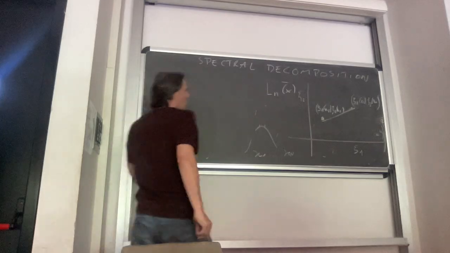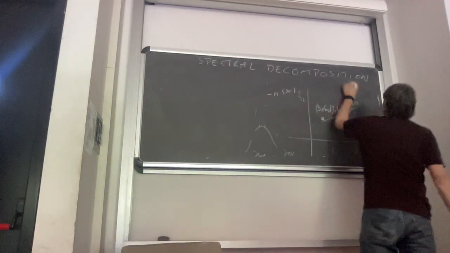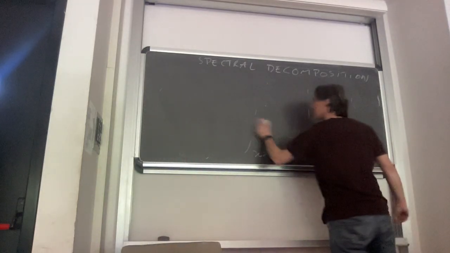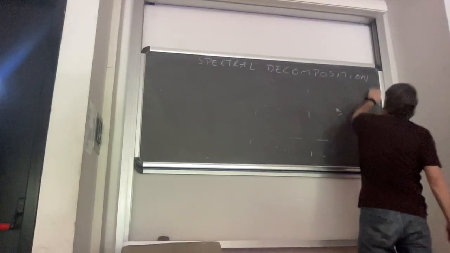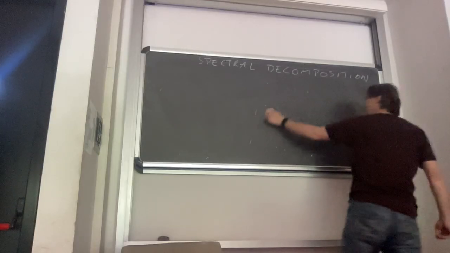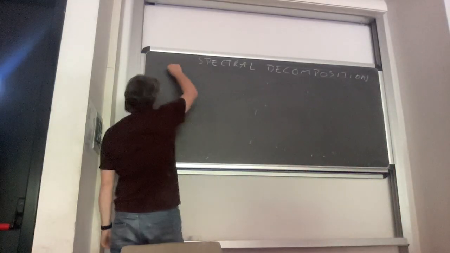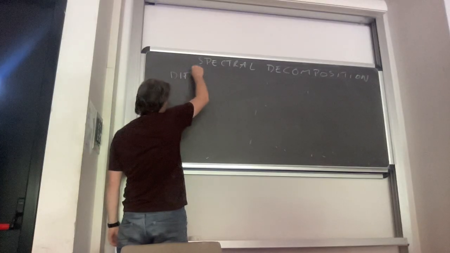Kaufman and Lafont define what is now called the diffusion map formalism.